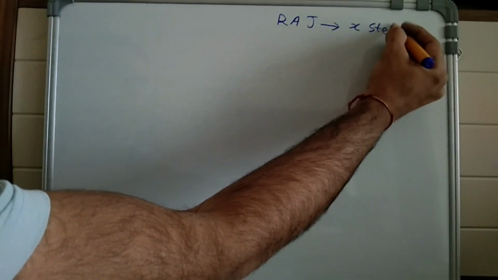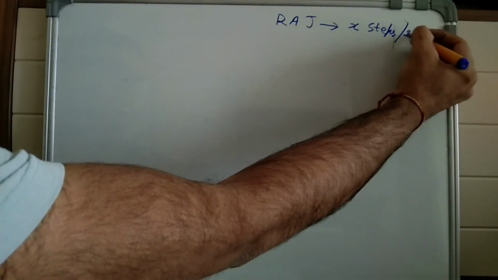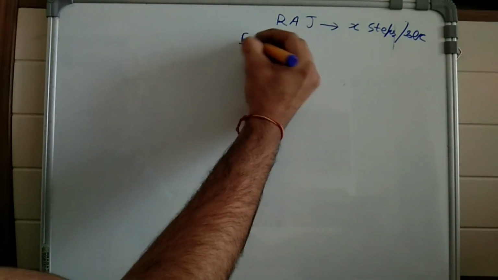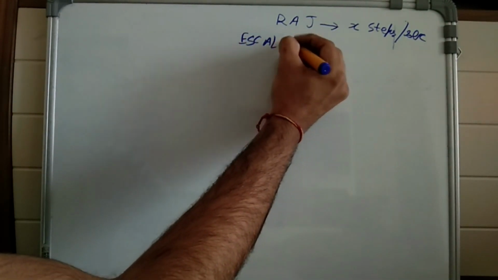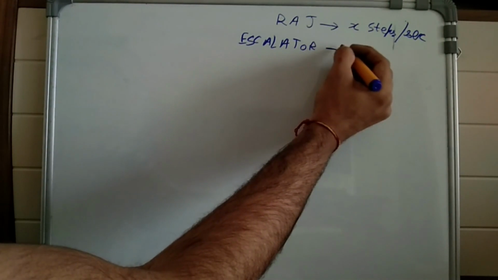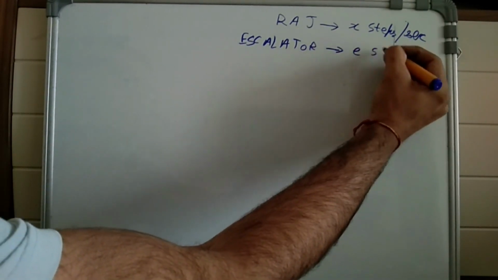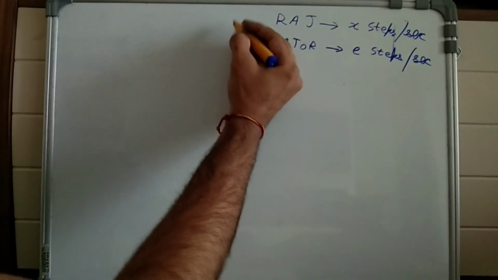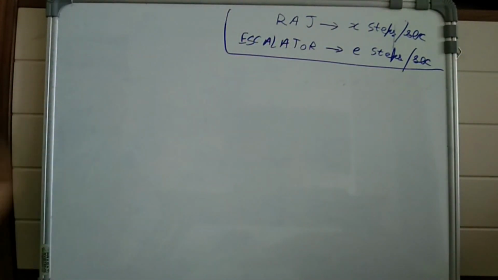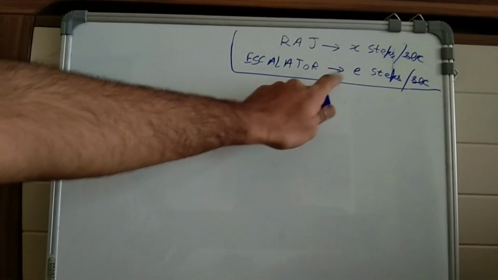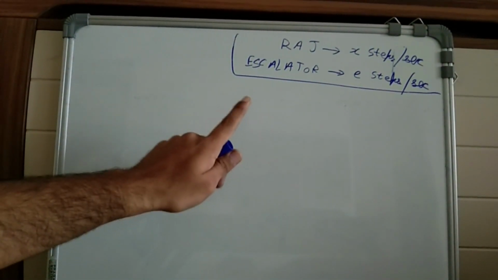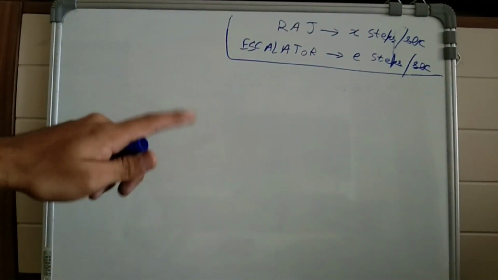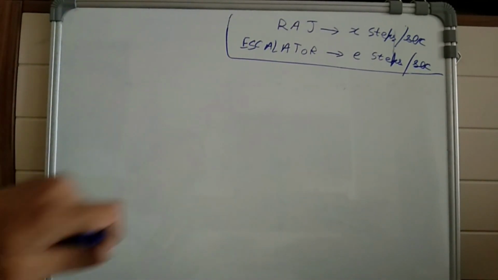Raj's speed is x steps per second, and the escalator's speed is e steps per second.